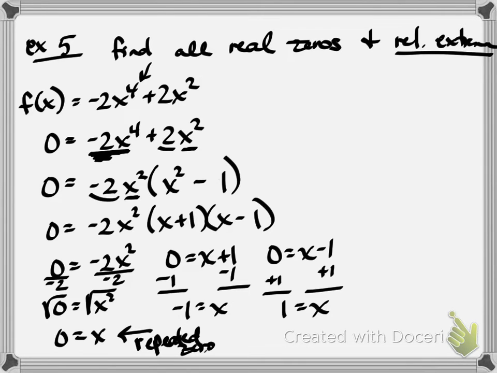To find the relative extrema, we're just going to put this in our graphing calculator and calculate. Let's see, leading coefficient is negative and degree is even. So if it's even and my leading coefficient's negative, it's going like that.